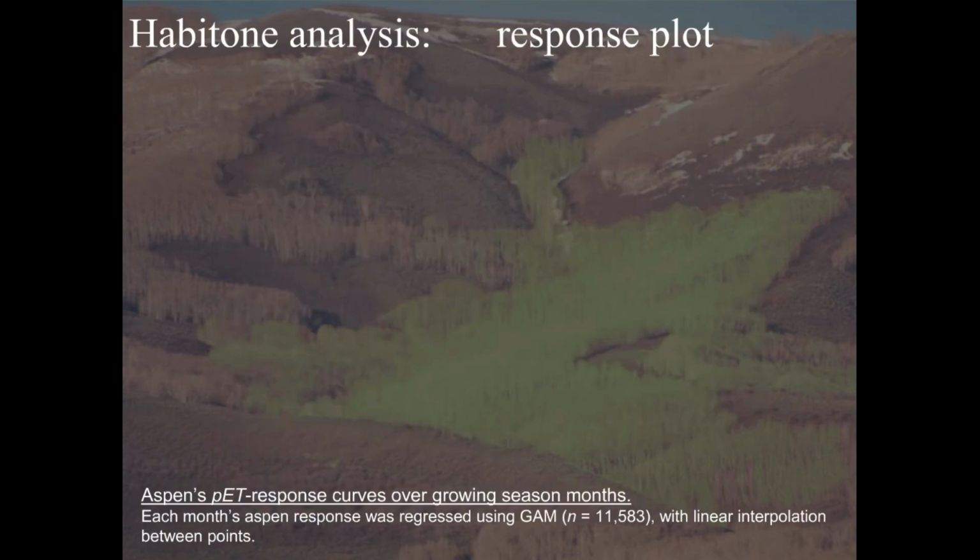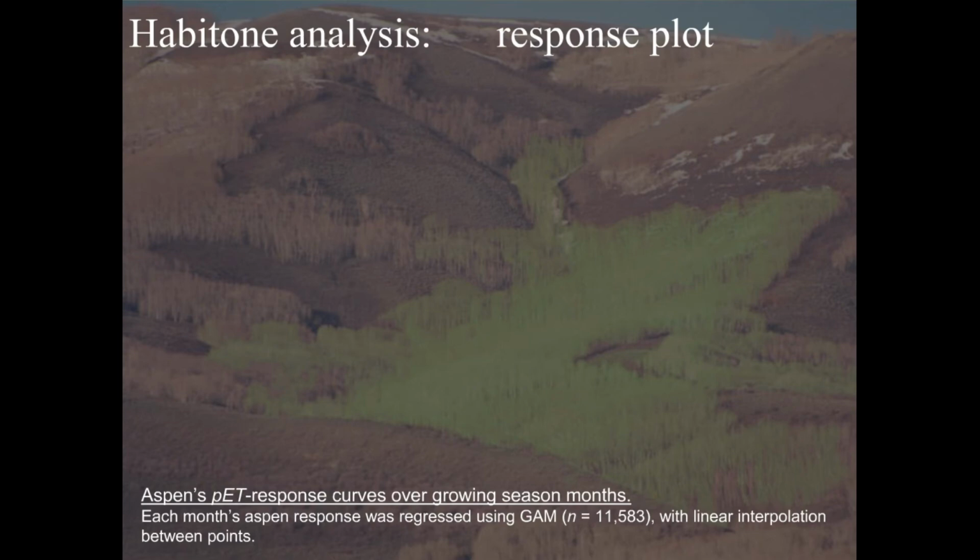And then if you put that information back in your data and have each pixel still be the expected concentration, so not presence or absence, but the expected aspen concentration or cover in every pixel, you'll get this, again following March, April, May, June, potential evapotranspiration. This is your expected aspen cover. You see that it follows that PET trend.